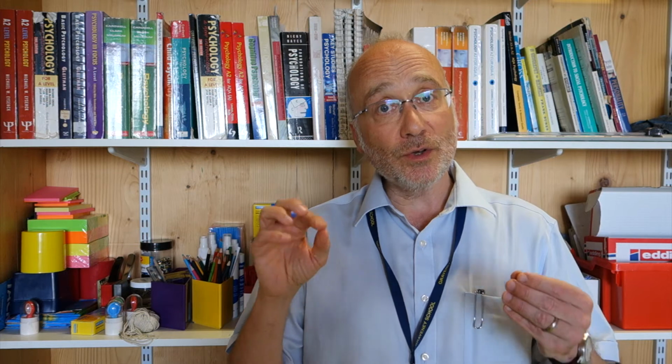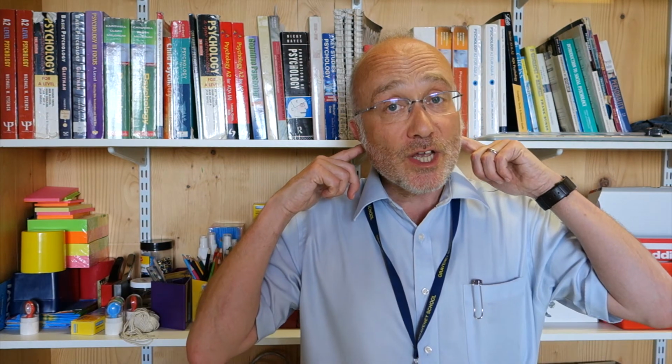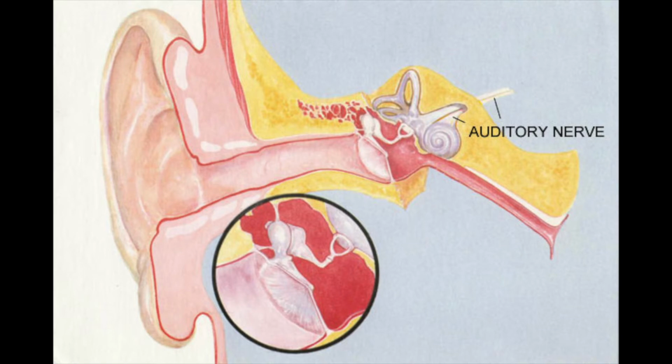For example, the specialised photosensitive receptor cells in the retina of the eye collect light from the outside world and transmit nervous impulses into the sensory neurons in the optic nerve, or the receptor cells in the skin collect information about pressure and transmit that information into sensory neurons which travel up our arms and into the central nervous system, or the specialised receptor cells in the cochlea of our ear detect vibrations in the air and transmit these into nervous impulses in sensory neurons which travel into our brain.